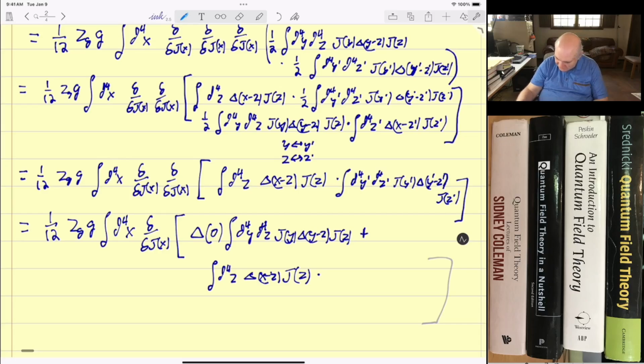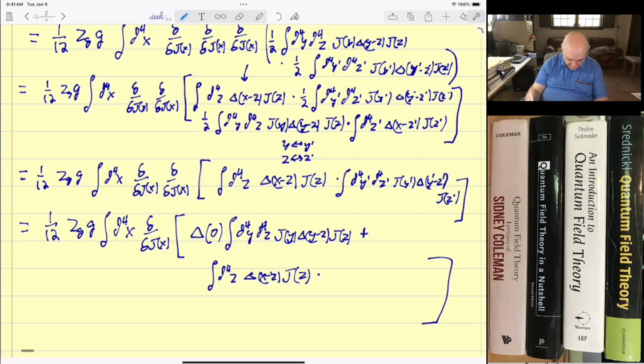Now, when we take the functional derivative of this, it's the same old thing. We're going to get exactly what we got over here. Same thing. So I'm just going to write it down as, there's no 1/2 factor here. That's the difference. So we're going to get a 2. As a matter of fact, I think I made a mistake.